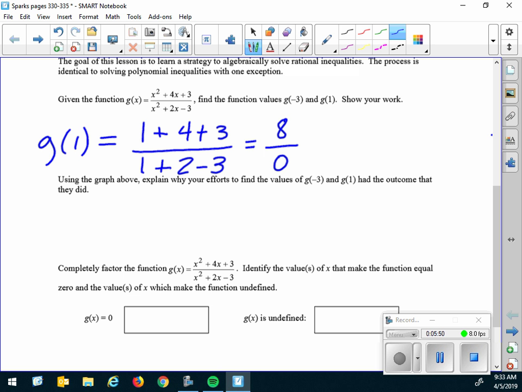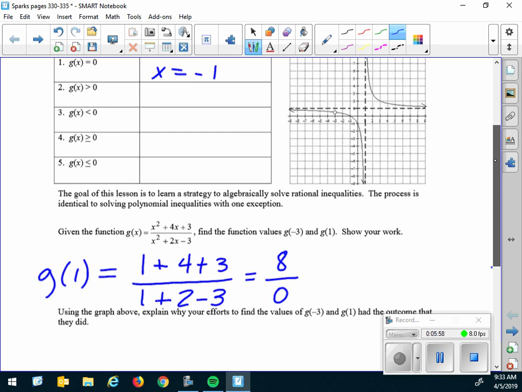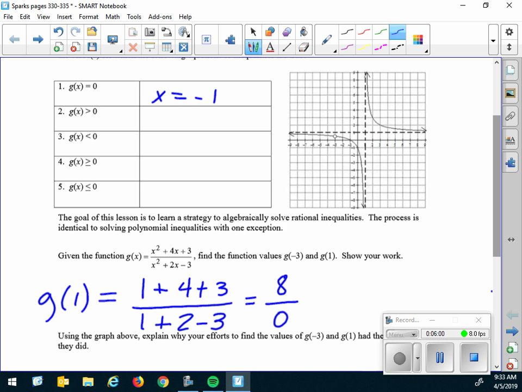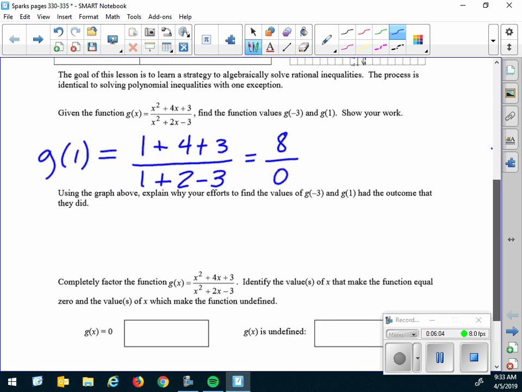What's that? That's undefined as well. That's a different kind of undefined than 0 over 0. What do you have at x equals 1? Aha. Now, here's the deal. When you get 0 over 0, your graph will have a hole. When you have a non-zero divided by 0, your graph will have a vertical asymptote.